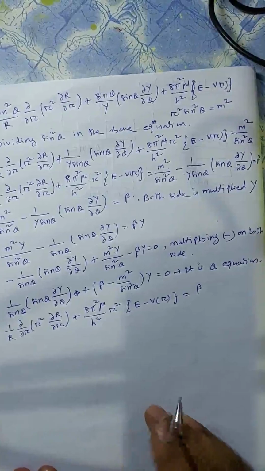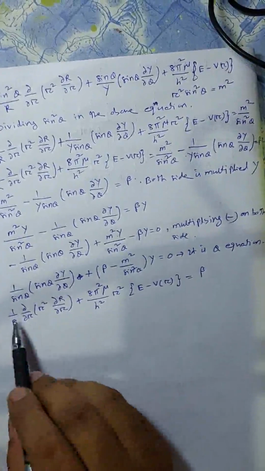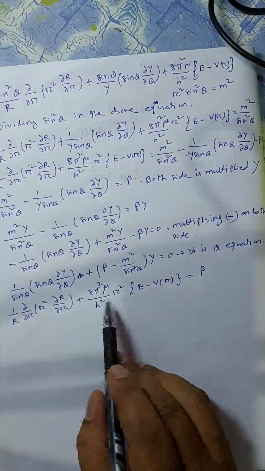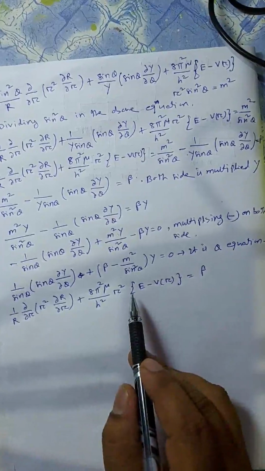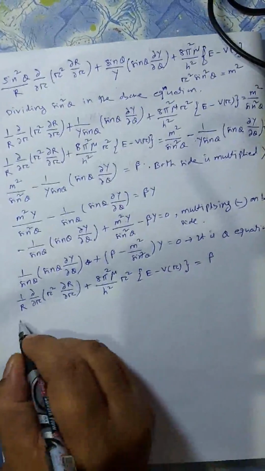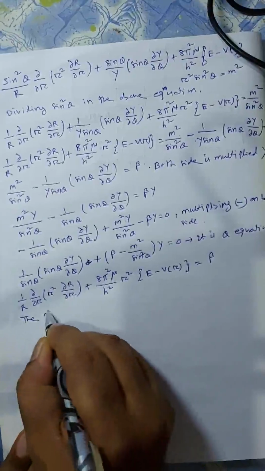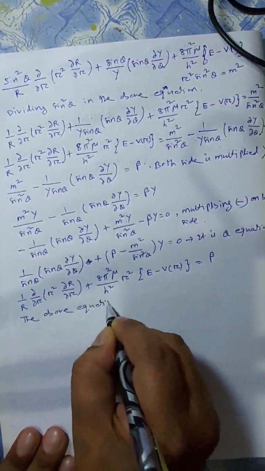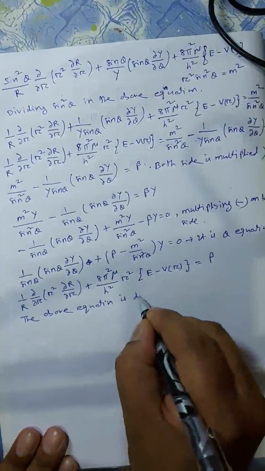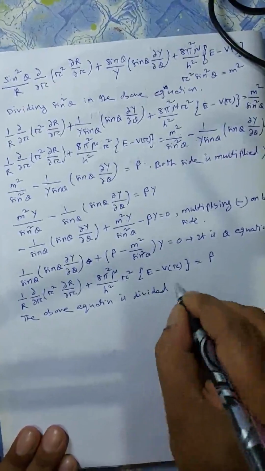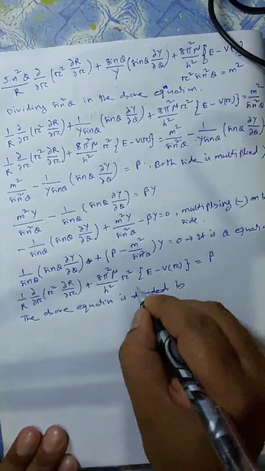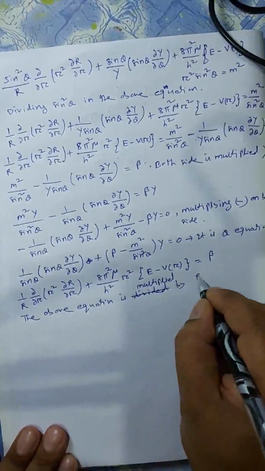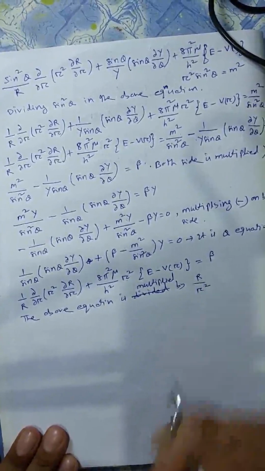Then what do we do? Now we have to divide, that is, multiply, both sides of the above equation by capital R by r square.